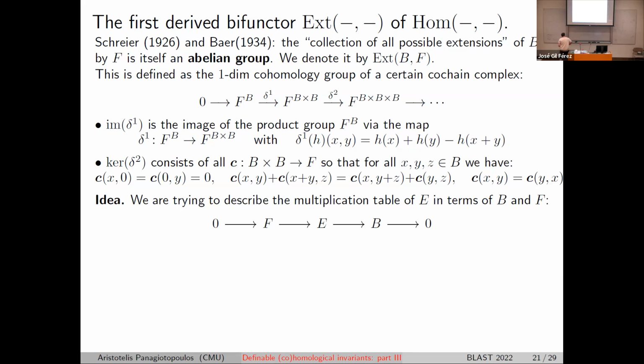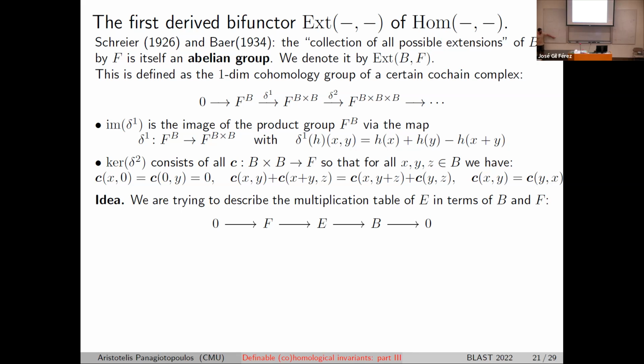So if you wanted, you could do the following. You have here B, and here is E, and here these are the fibers. What you could do is choose some section here. This section is not going to be a homomorphism. It's just going to choose from each fiber a point.